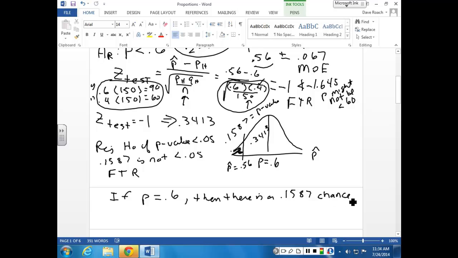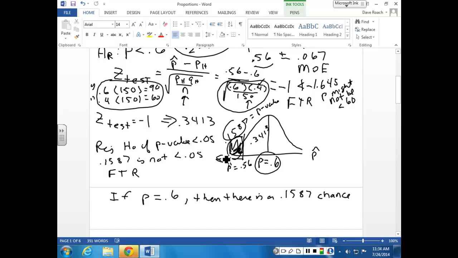I'm going to say this in words, but on your graph, it's of getting what we have in the tail there. That's what we're looking at.